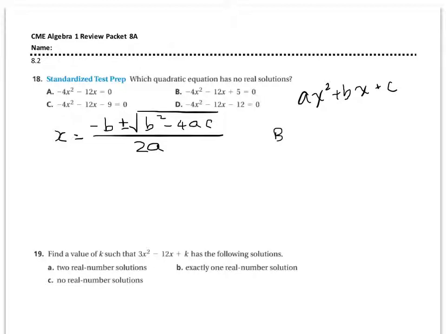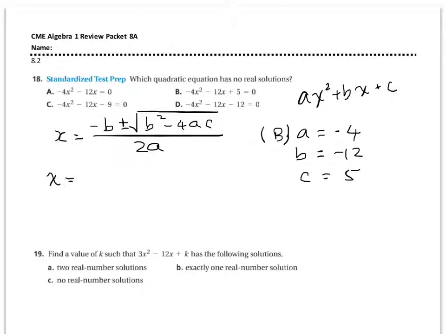So if you look at b, a is negative 4 because that's the coefficient of x squared. B is negative 12. C is 5. Plug the numbers in.